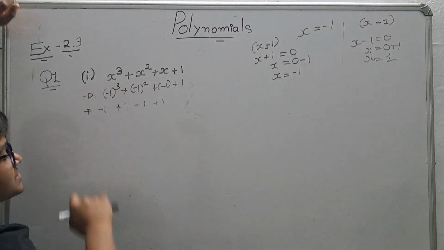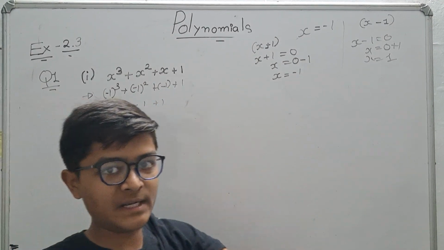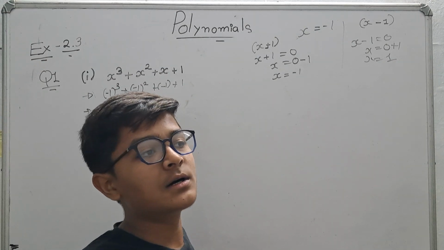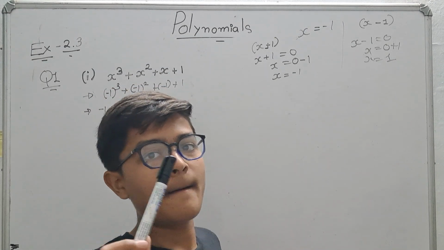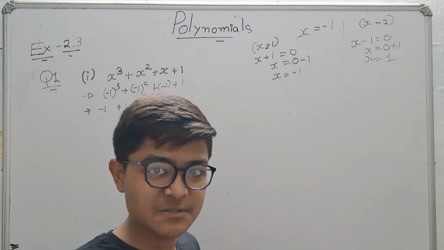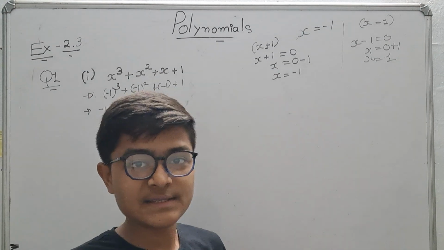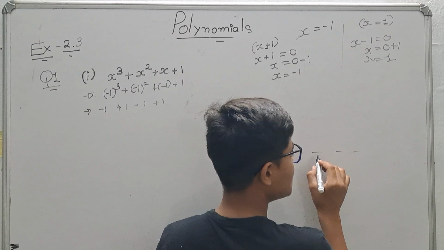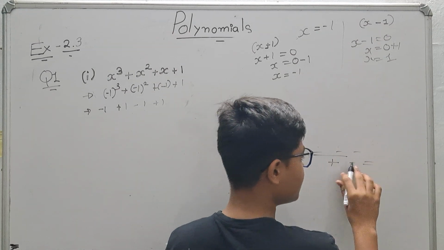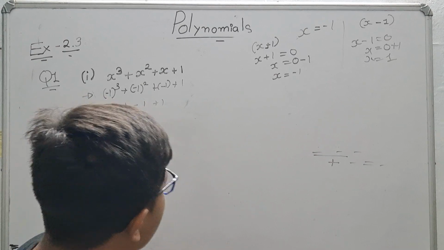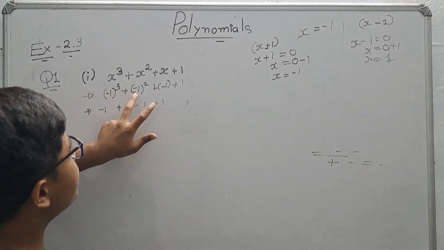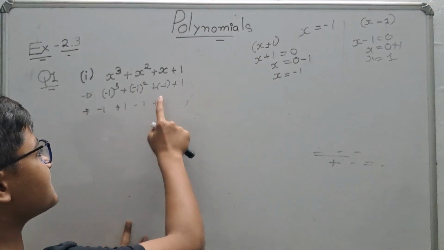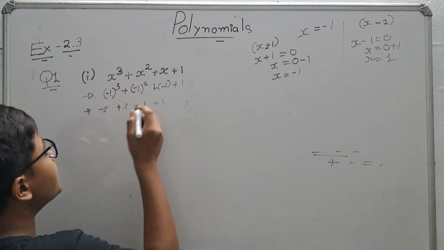I have written minus 1 because there is a cube. Minus 1 cubed will become minus 1. Minus 1 square, minus times minus is equal to plus, so it will become plus 1. Then minus 1 plus 1 will cut.